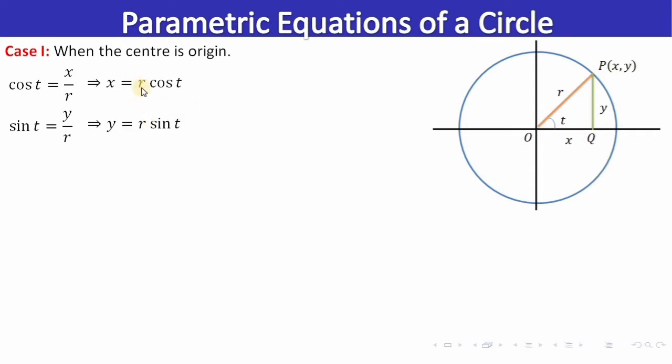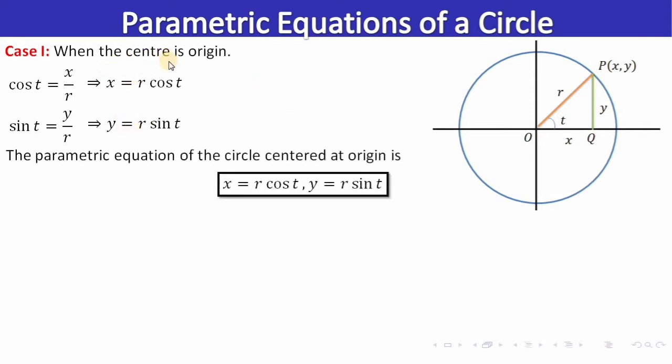These two give me the parametric equation of a circle centered at origin. So the parametric equation of the circle centered at origin is x equals to r cos t, comma y equals to r sine t. Basically x and y are separated here, and there is a common term used in both the equations, that is t, and this t is called the parameter.